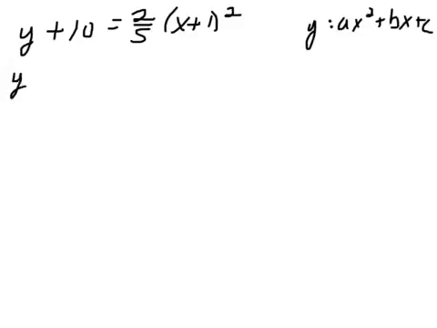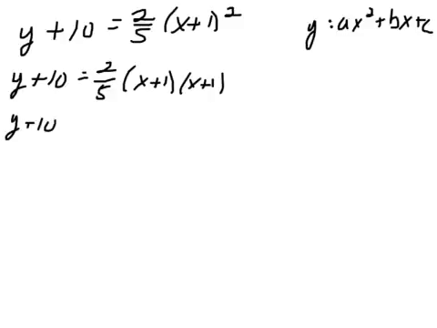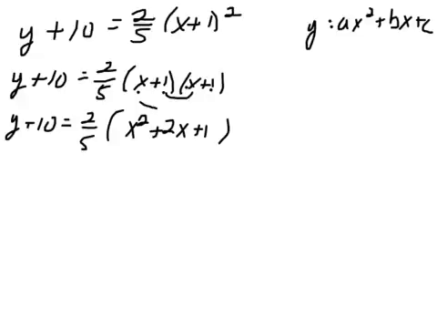I'm going to wait to move the 10 until I get that done because I've got this 2/5 out in front. Now x plus 1 squared would be x plus 1 times x plus 1. So we would have 2/5 times, if you multiply that out, x squared plus 2x plus 1. You see that x and x is x squared, 1 times 1 is 1, and there would be a 1x and another 1x to give you the 2x.